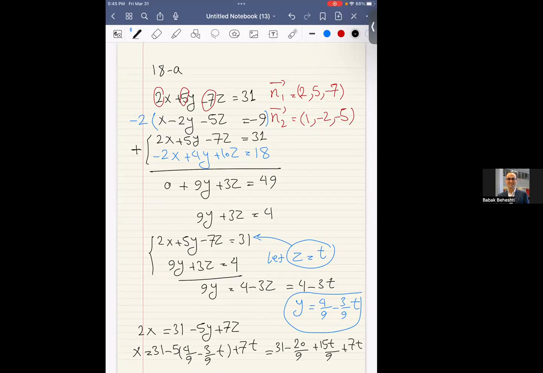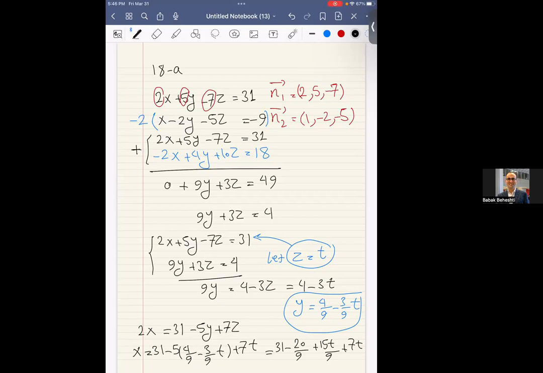So the intersection of these two planes is a line with equation z equal to t, y equal to 49 over 9 minus 3 over 9 t, and x equal to 31 minus the constant, plus 15 over 9 plus 7 times t.